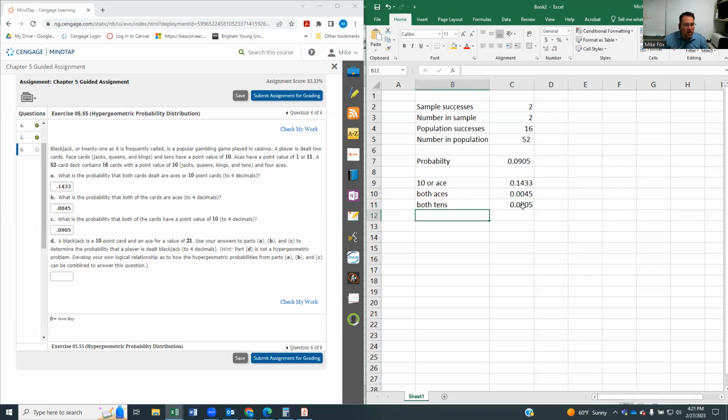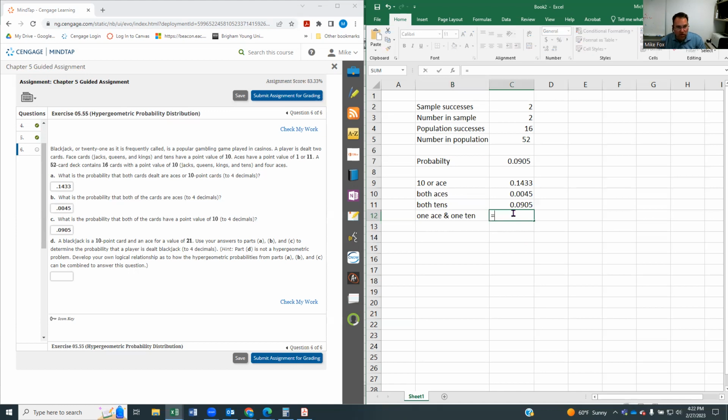The only other option I'm left with is one ace and one 10. So the total of both aces plus both tens plus one ace and one 10 must add up to the total of drawing tens or aces.